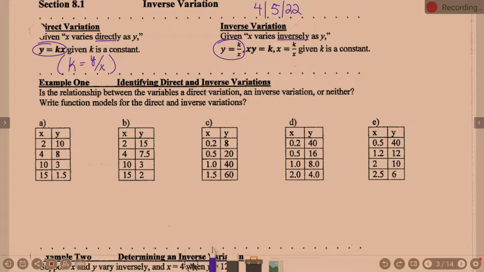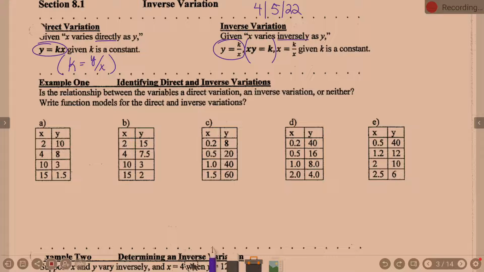So inverse variation has that division relationship, y equals k divided by x. And then if we're trying to find k, I like to use this one right here. If it's k divided by x, multiply the x over. So in order to find k, we do x times y.